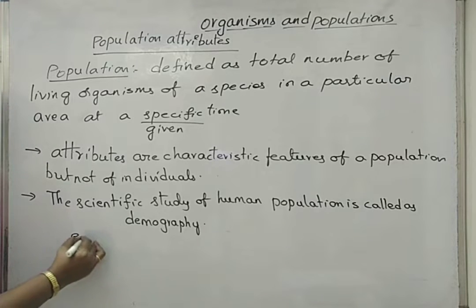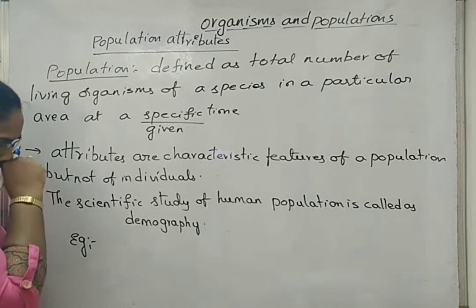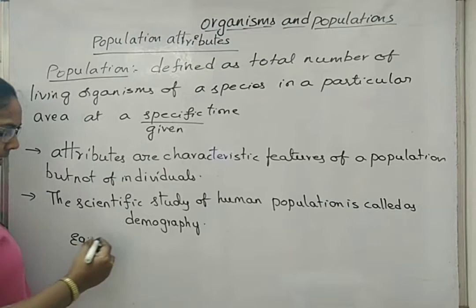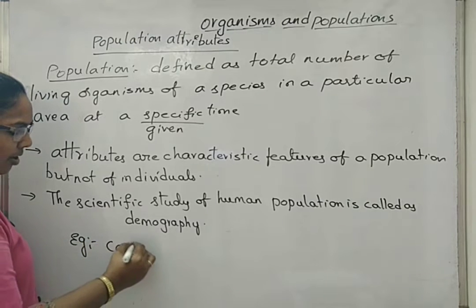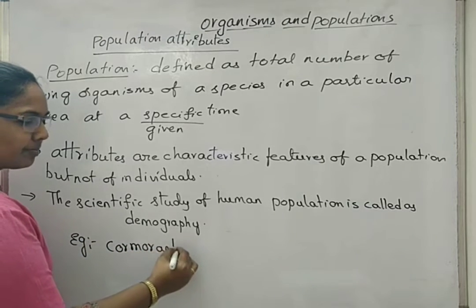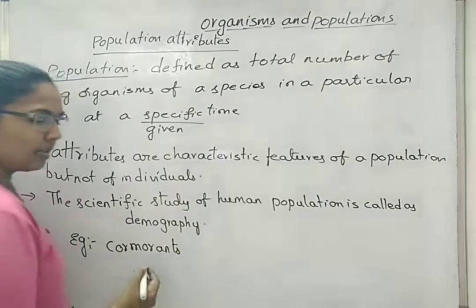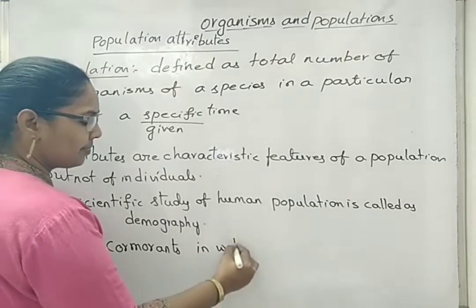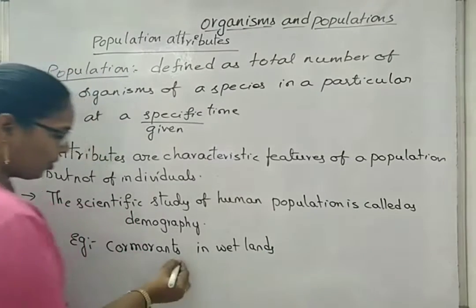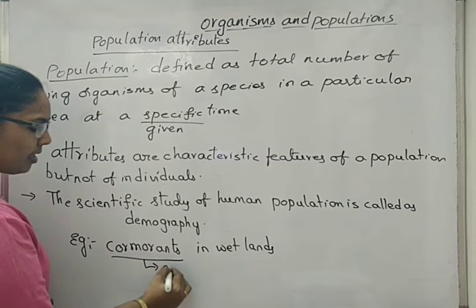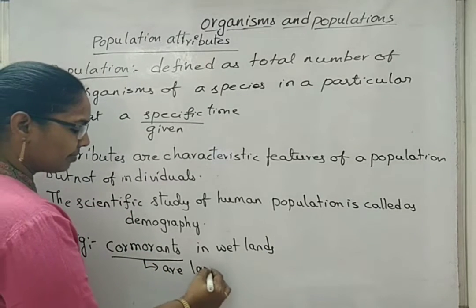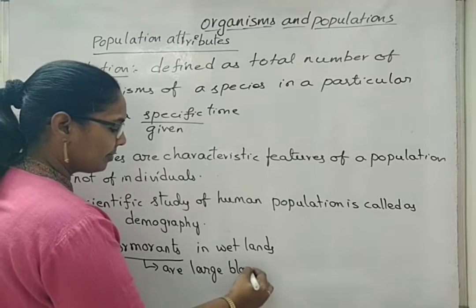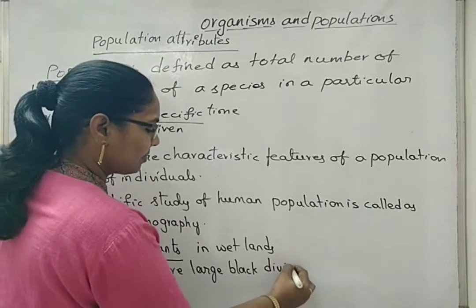Here we can take many examples of populations given according to the NCERT textbook, like cormorants in wetlands. What are cormorants? Cormorants are large, black, diving birds.